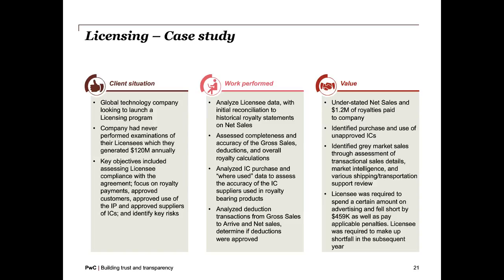There weren't actual costs that were used, and there were also some deductions that were not contractual. Those were two big issues that came out of the findings from the testing and analysis. But overall, what was the underlying value? Obviously, most of our clients are worried about revenue leakage. In this specific case, there was about $1.2 million to $1.3 million in royalties that were understated.